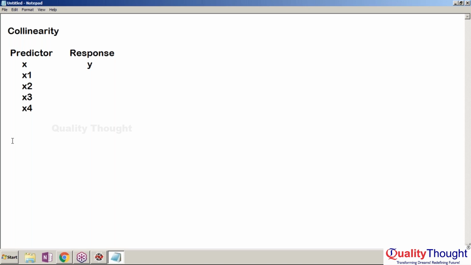So irrespective of whether it is a polynomial or a multiple regression, there is a problem when you have multiple predictors. See, generally, what do you mean by correlation, guys? How do we identify the relationship between x and y? The magnitude of relation, how do I identify?